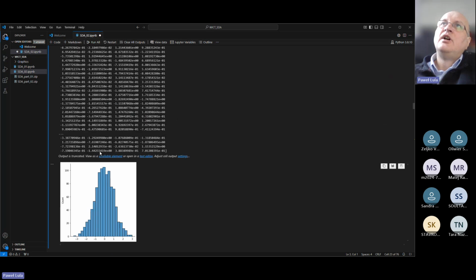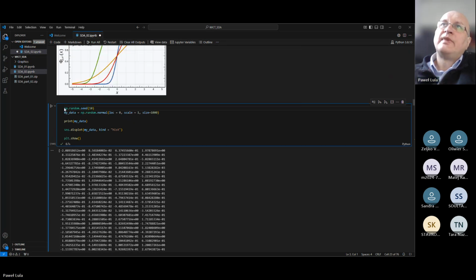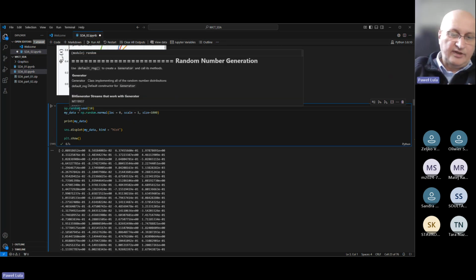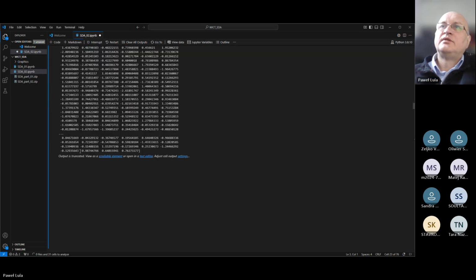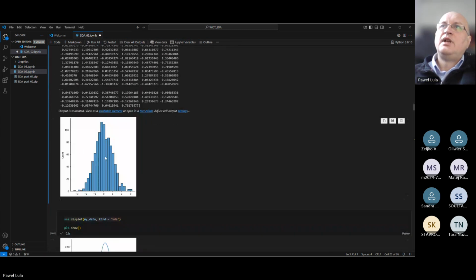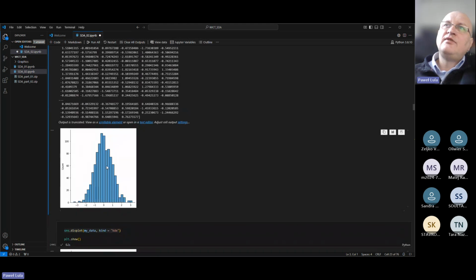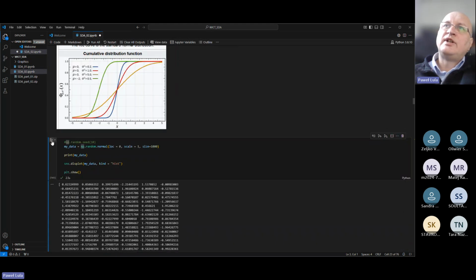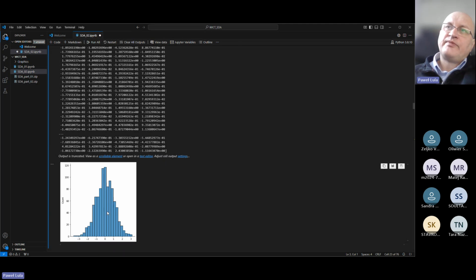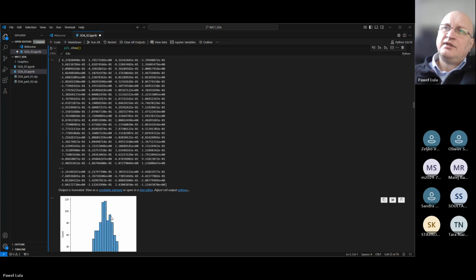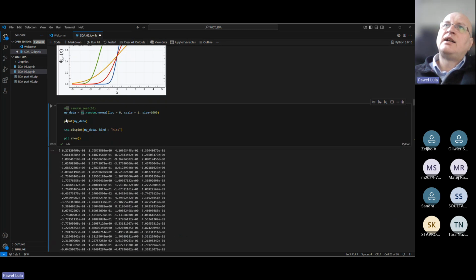We see here, of course, we can remove this for a moment. And we see that for every experiment, the shape of this histogram is slightly different, but all of them are similar.